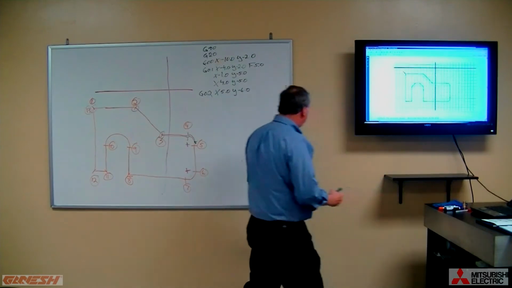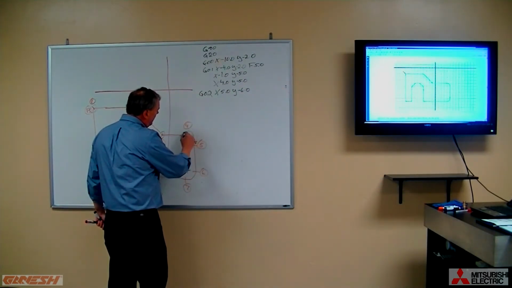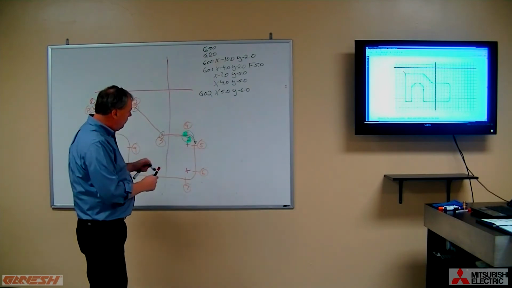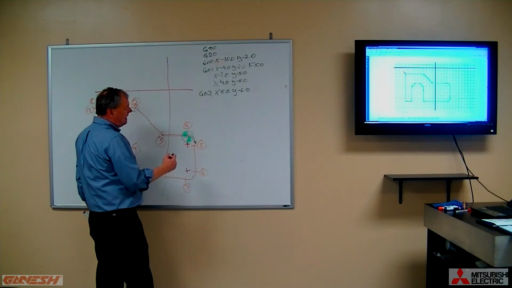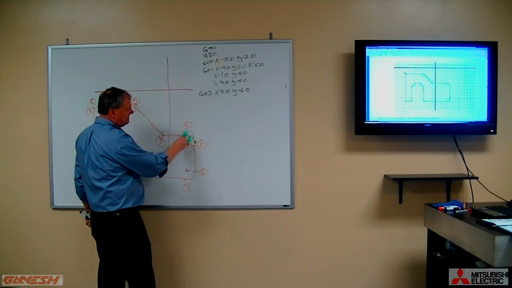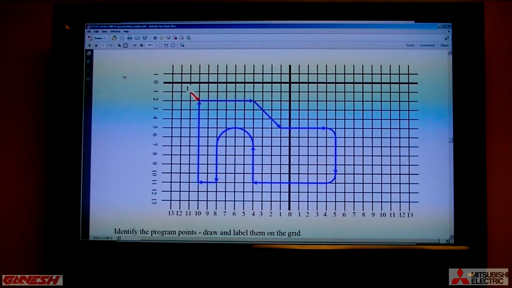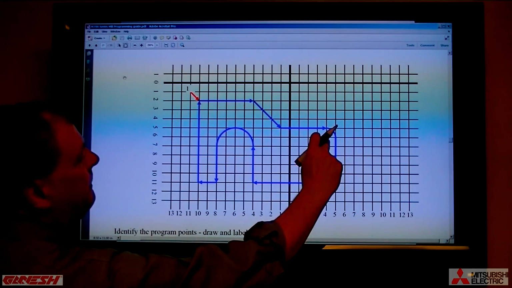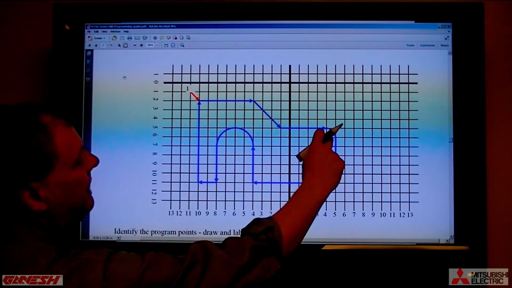Imagine that this is now a temporary datum point, and I'll just use a different color pencil here. If this were a temporary datum point, what is the X and Y location of this center? The location would be at X0, but we know that the center point is 1 inch down from that start because it shows it's a 90-degree arc.